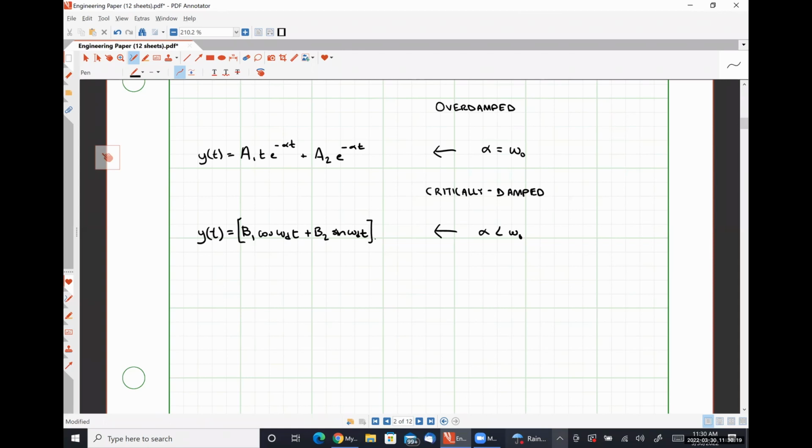This expression multiplied by e to the minus alpha t, where omega d is simply the square root of omega naught squared minus alpha squared. We could get here deriving it using Euler's identity, but it takes time. This is an example of an underdamped system.